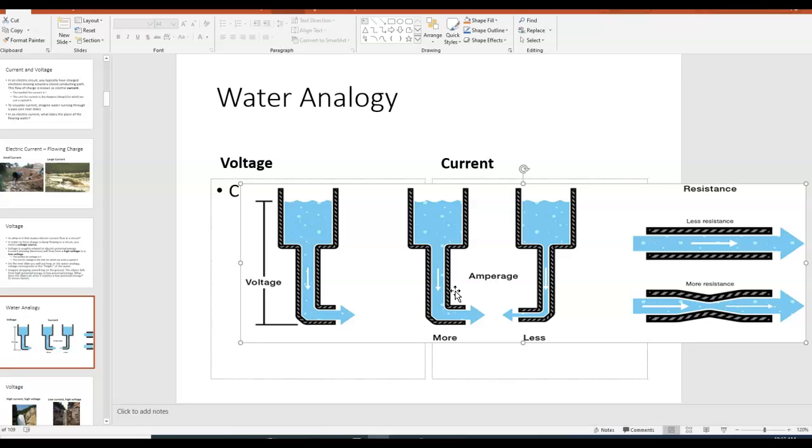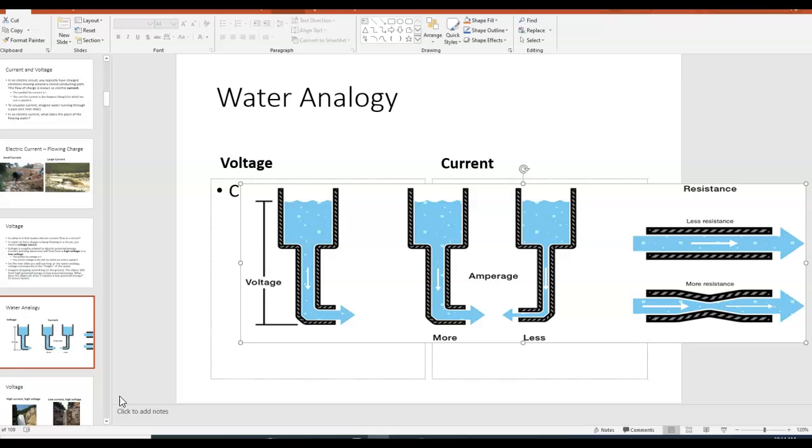However, what makes the water fall down is not how wide the pipe is, but gravity. It's the height of the water. So if current corresponds to how fast the water is coming out, voltage corresponds to the height, because the height gives energy to the water, and the more energy it has, the more voltage there is in this analogy.